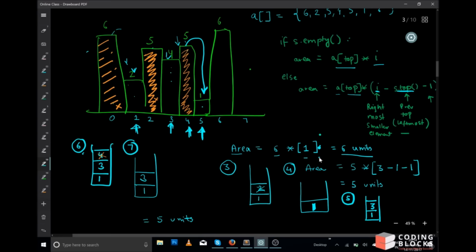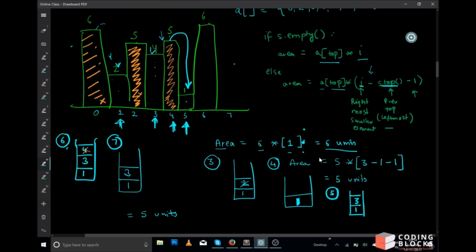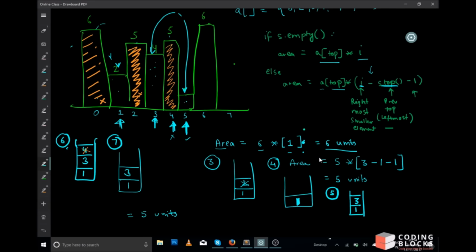And I have used again this formula for computing the area, right? And again, this bar has been removed. We are at this index. Now we will compare 1 with the previous index. So what is the previous index? 3, right? Again, 1 is having a lesser value than the previous index. I can say 1 is an obstruction to the third index.